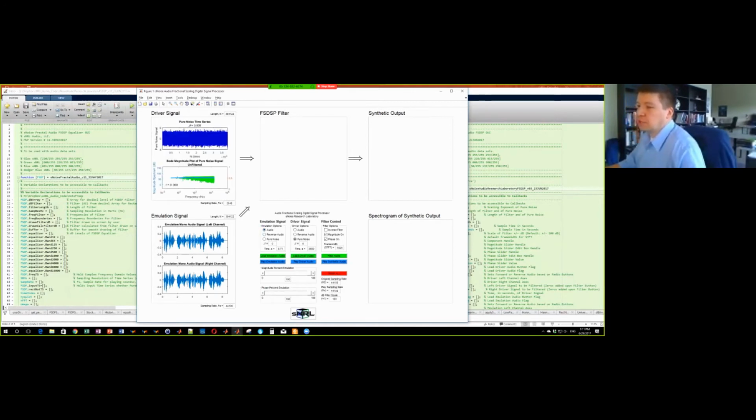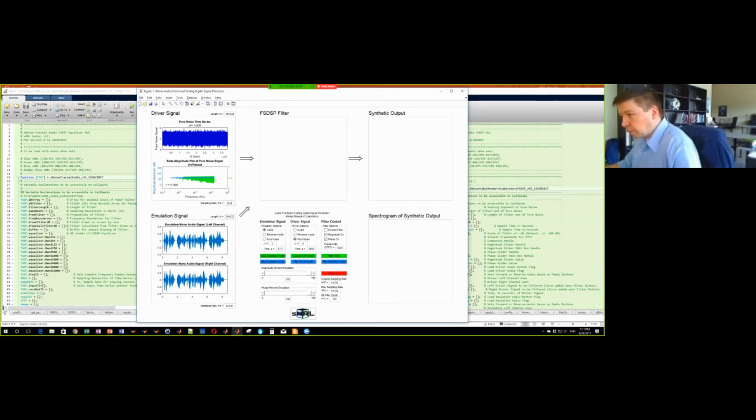What this is doing is that I'm going to perform a short time Fourier transform on the audio signal, look at the spectrum of each frame, and then, basically from the demonstration that I just showed where I was drawing the exponent to create a filter, I'm going to take the differences between the driver signal and the emulation signal, and that will become my exponent in terms of a filter to reshape the white noise signal into a new output.